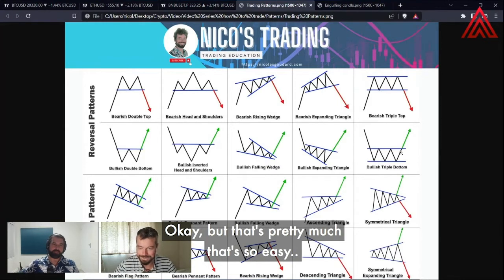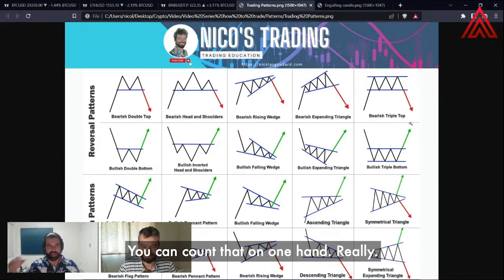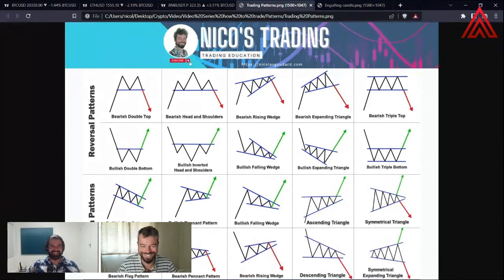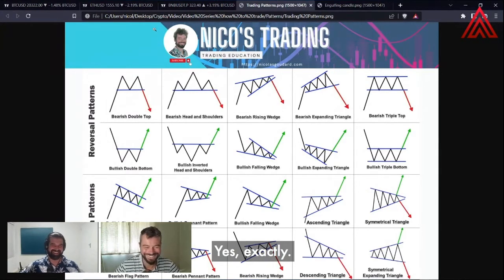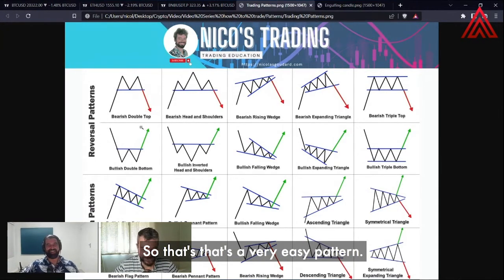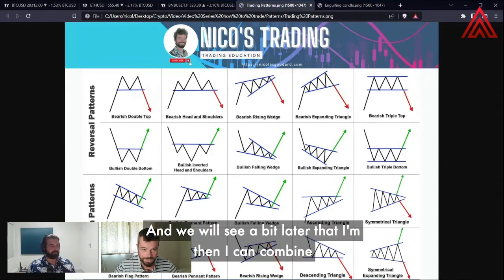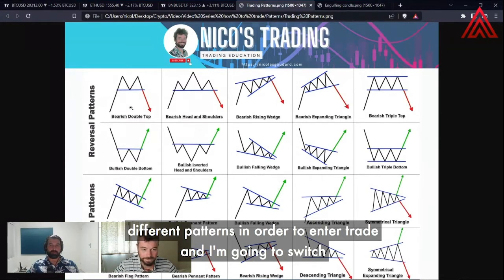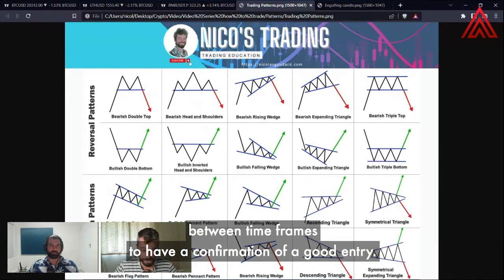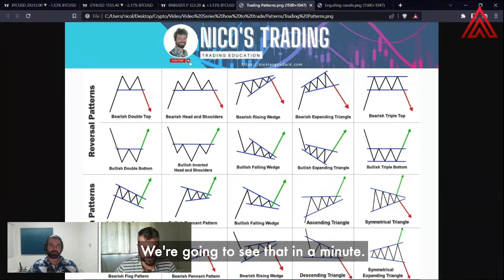That's so easy. You can count that on one hand, really. Exactly. That's a very easy pattern, but that's a pattern that I use a lot, and we will see a bit later that I can combine different patterns in order to enter a trade, and I'm gonna switch between time frames to have a confirmation of a good entry. We're gonna see that in a minute.